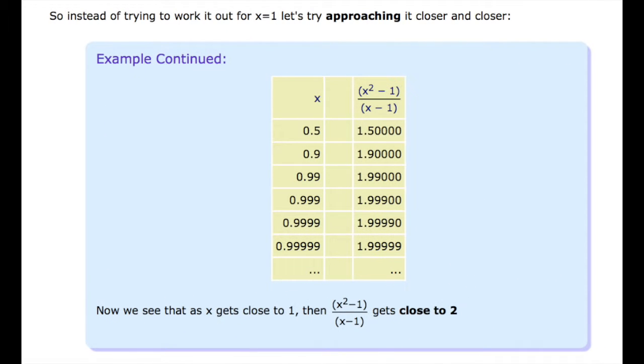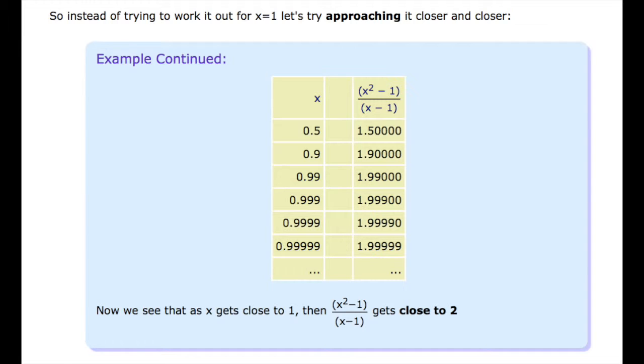So instead of trying to work it out for x equal to 1, let's try approaching it closer and closer. Instead of 1, we will have an input of 0.5. Then we will get an output of 1.50000. And as we have an input of 0.9, we will get an output of 1.90000.